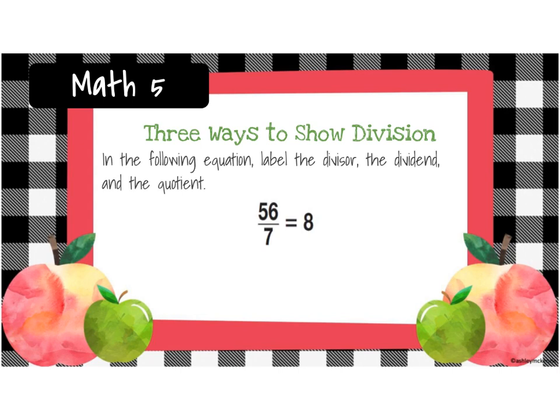You can pause the video so you can do this at home when you're ready. Unpause and check your work. Okay, just about every single one of you had 56 is your dividend. Top number is always the dividend. 7 is your divisor. And 8 is your quotient.